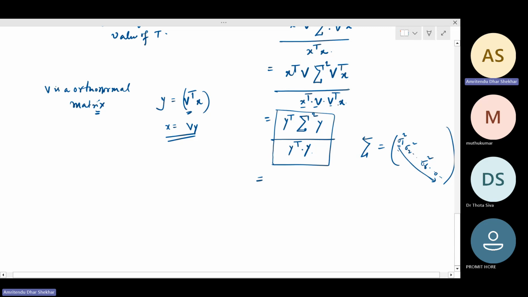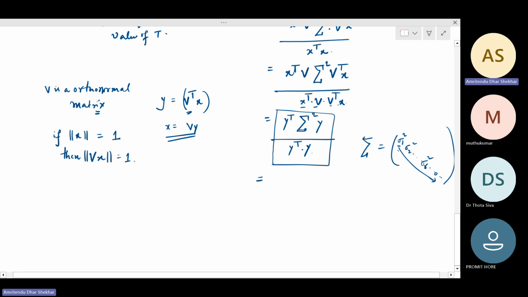So what happens to orthonormal matrices? You have to understand that orthonormal matrices produce isometries. In other words, if the norm of x is equal to 1, then the norm of Vx is also equal to 1.